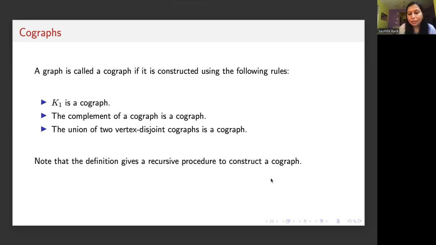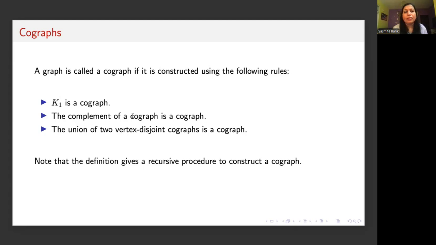Now, one interesting Laplacian integral class is the co-graph class. I think you know the definition. It comes like this. You can start with a singleton vertex, that means K1. K1 itself is a co-graph. Now take the complement of a co-graph, that will be a co-graph. And if you take the union of two co-graphs, that is also a co-graph.